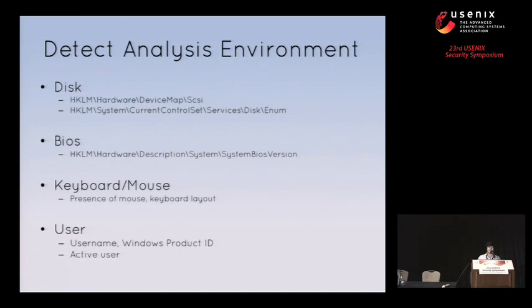Or they can look for some user-specific information, such as username, or some product ID that is related to some public-facing analysis system, such as Anubis. Or they can look for the presence of active users, like waiting for an actual key press.